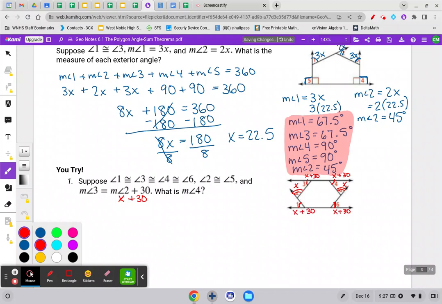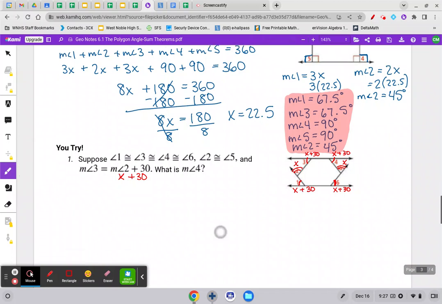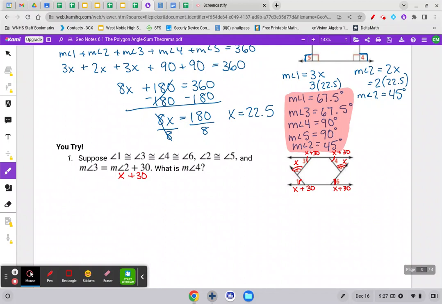So once again, these 6 angles this time have to add up to 360 degrees because they're exterior angles, not interior angles. So let's do it. Angle 1 plus angle 2 plus angle 3 plus angle 4 plus angle 5 plus angle 6 has to equal 360.